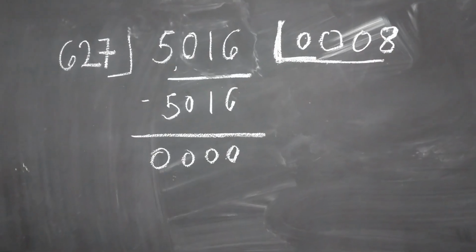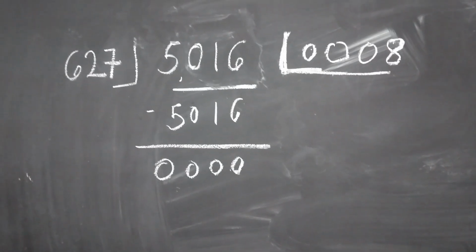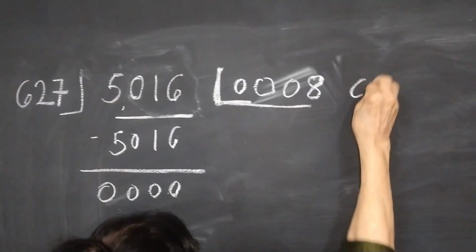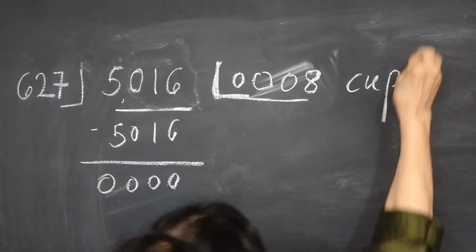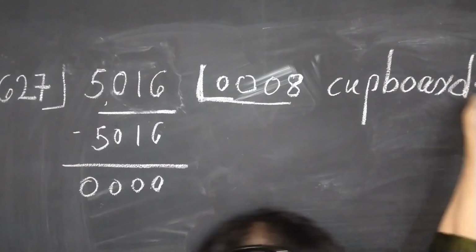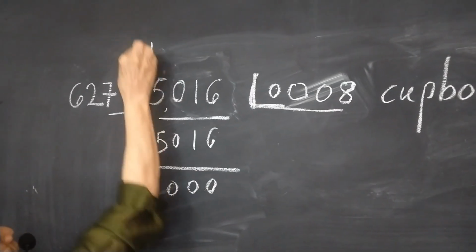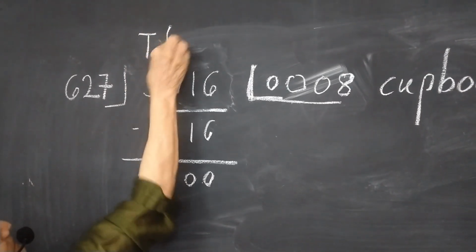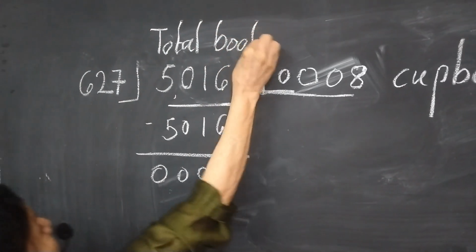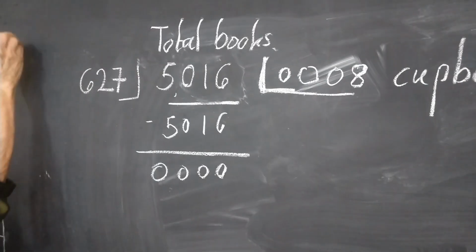our imagination in very short terms. So these are the number of cupboards that we require. These are the total books. And these are the books in one cupboard.